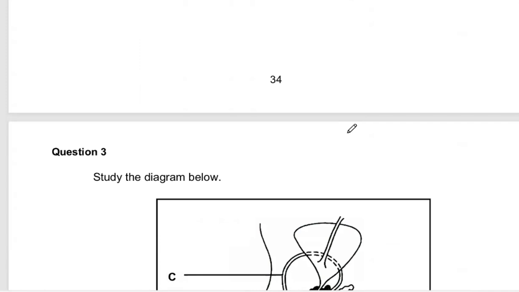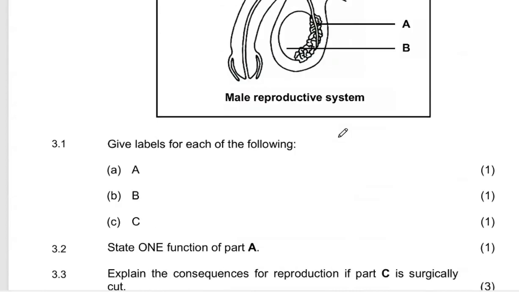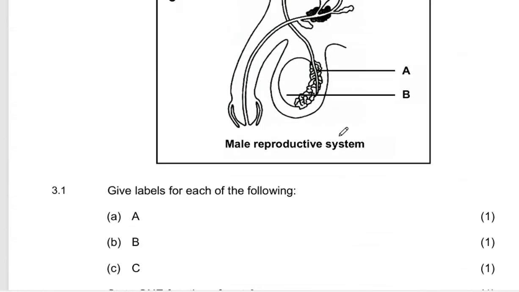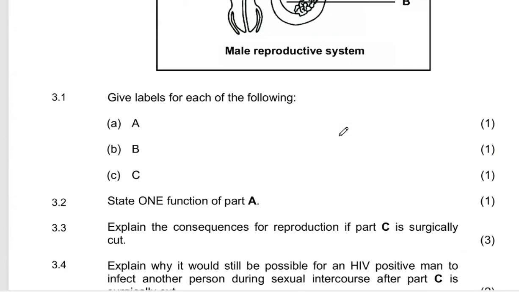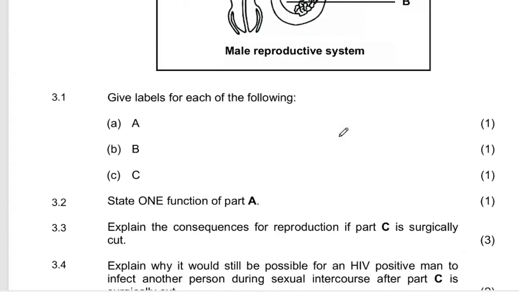Then we go to the next question. Give the letter for each of the following. Part A, we saw, is the epididymis. Part B is the testis. Part C is the vas deferens.